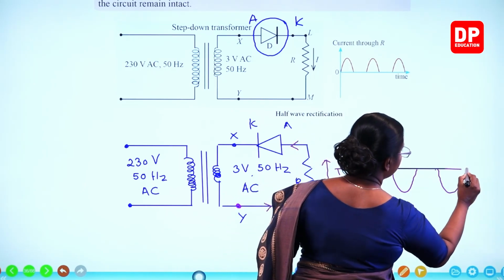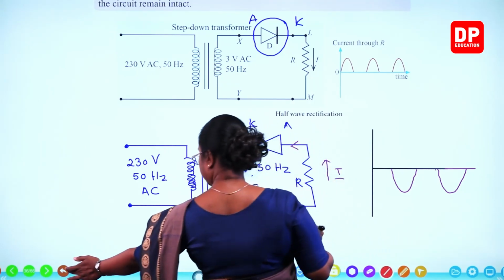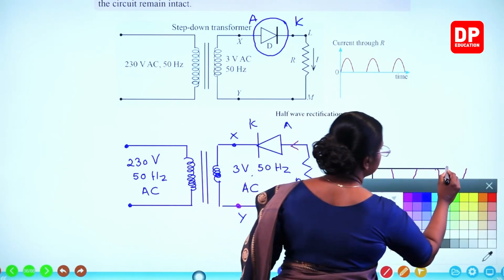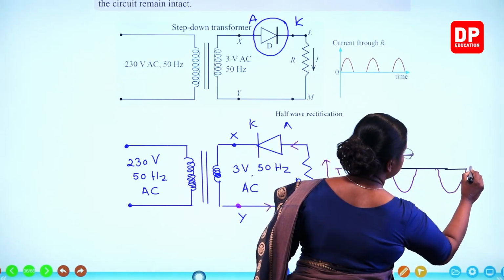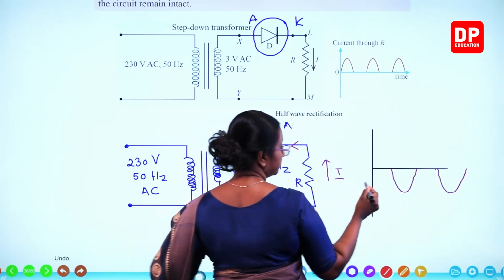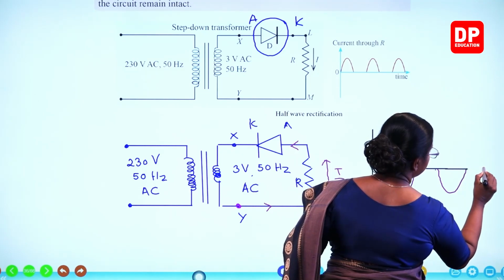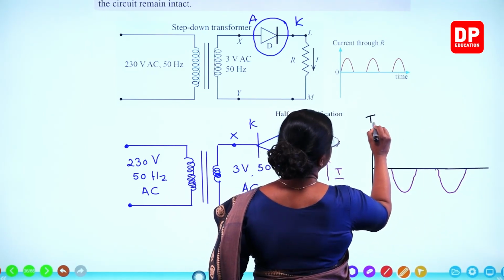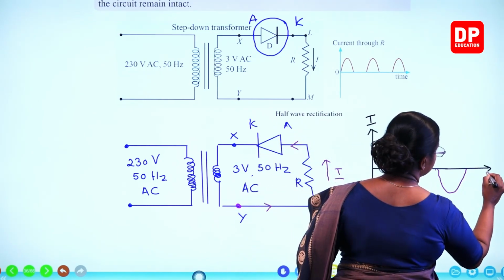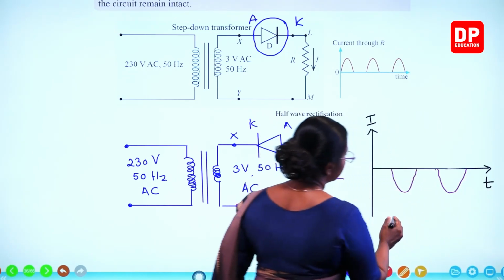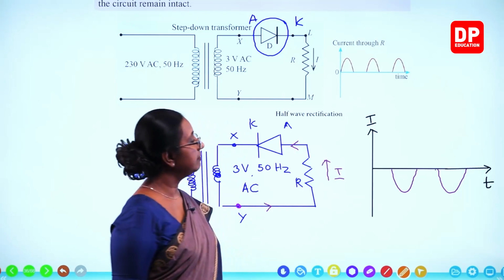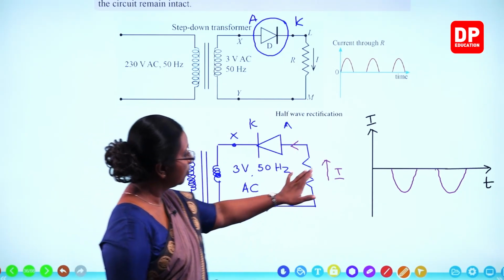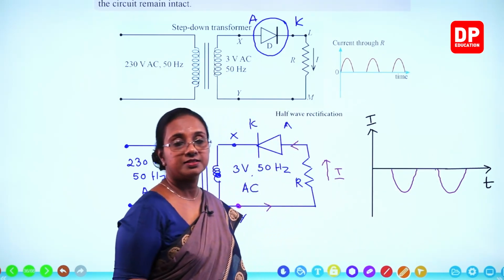If we extend this line, you will see this is the current and this is time. So only the negative half cycles will be obtained there. No positive half cycles.